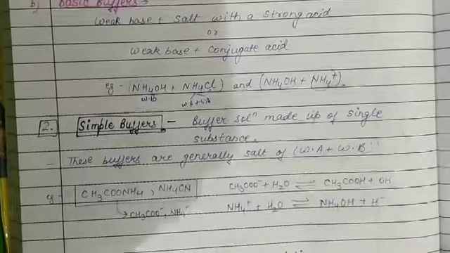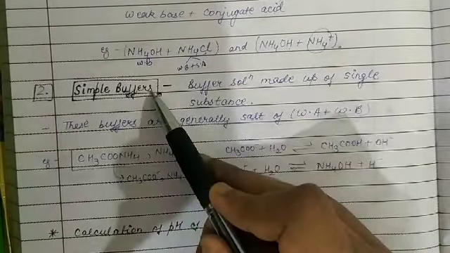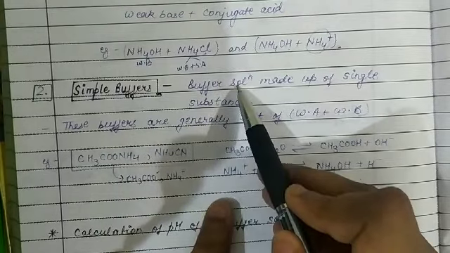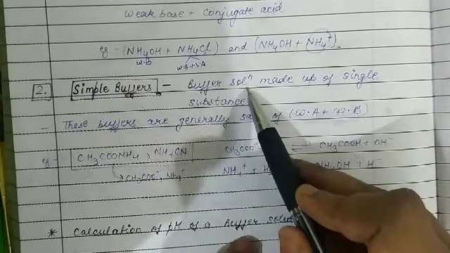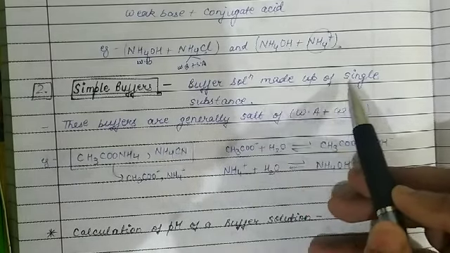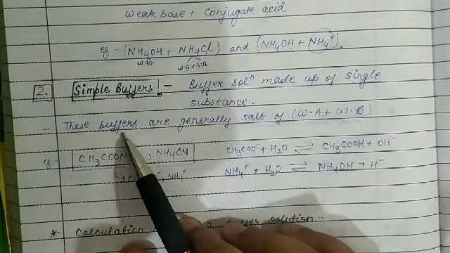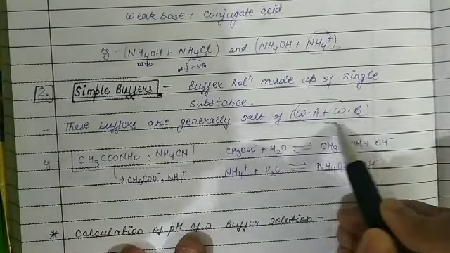See, now we will study simple buffer. A simple buffer is a buffer solution made up of a single substance. When a buffer solution is made up of a single substance, it is called a simple buffer. These buffers are generally salts of a weak acid and weak base.